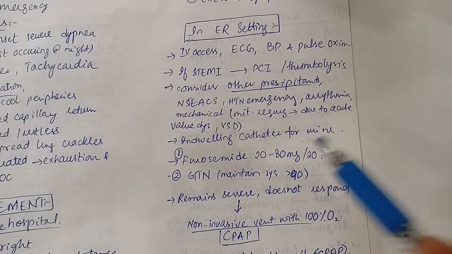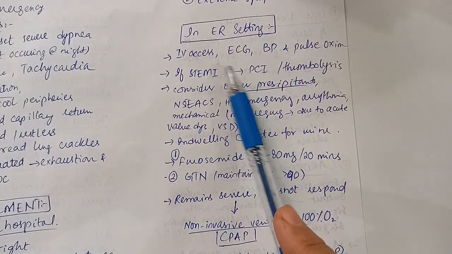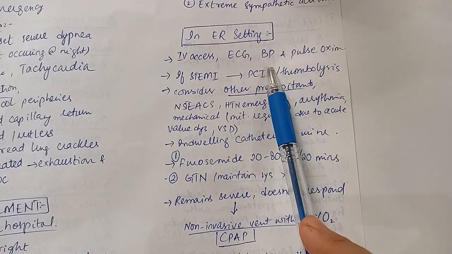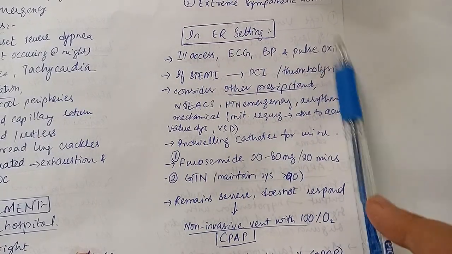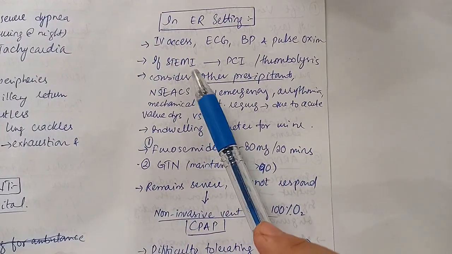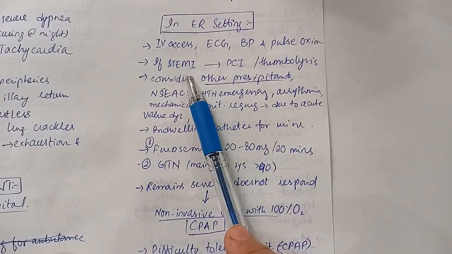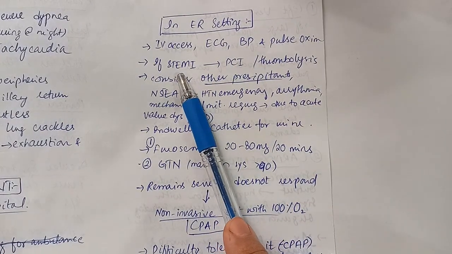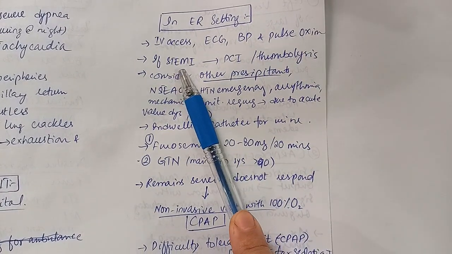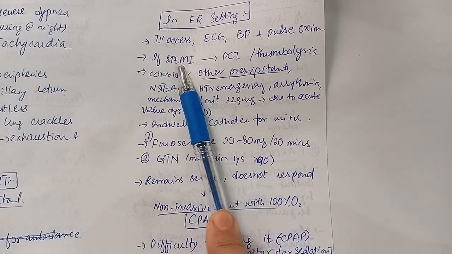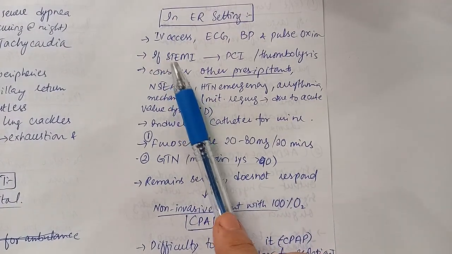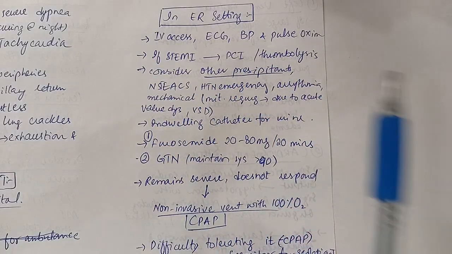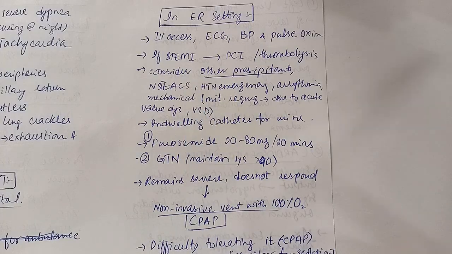Then in the ER setting, we have to gain IV access. ECG would be done, and blood pressure and pulse oximeter would be attached. If the patient had STEMI, meaning a myocardial infarction, and the cardiogenic pulmonary edema is secondary to MI, we would consider immediate PCI or thrombolysis, and we can also consider other precipitants.